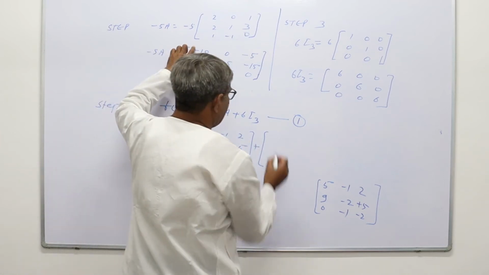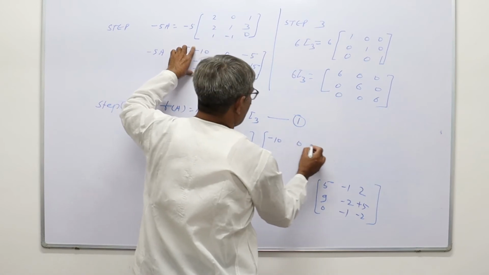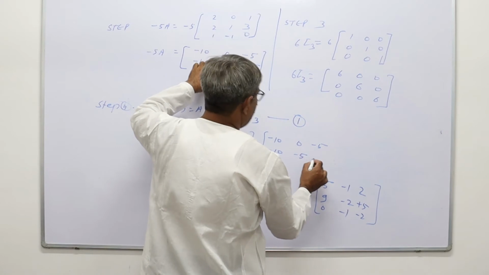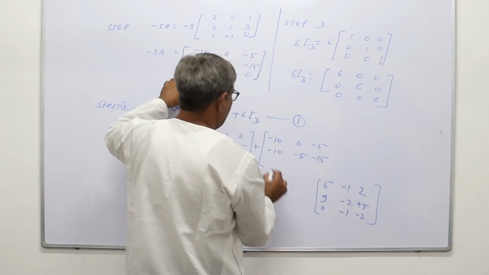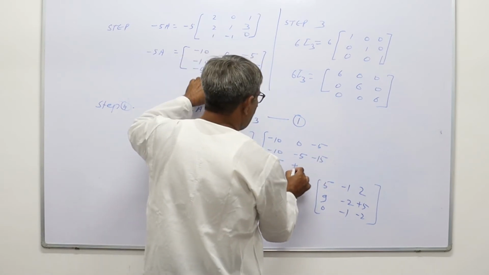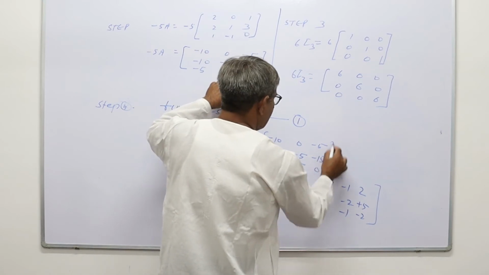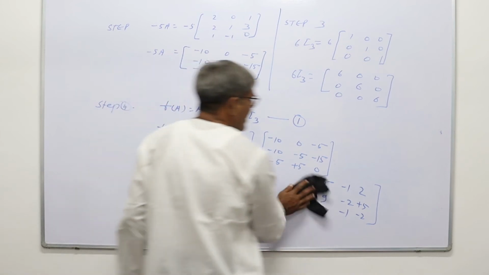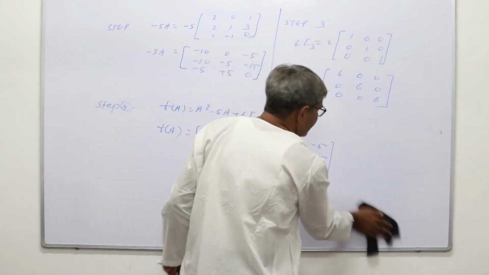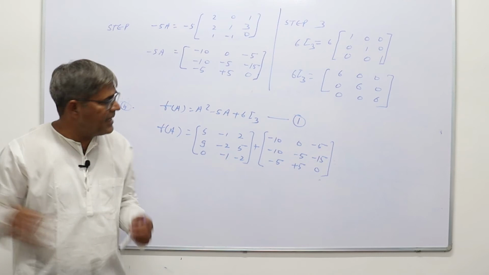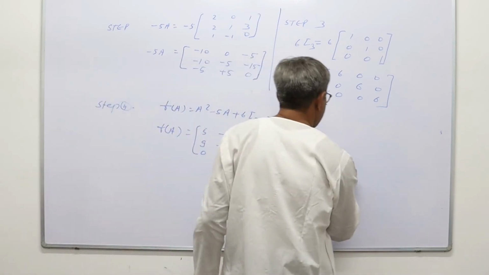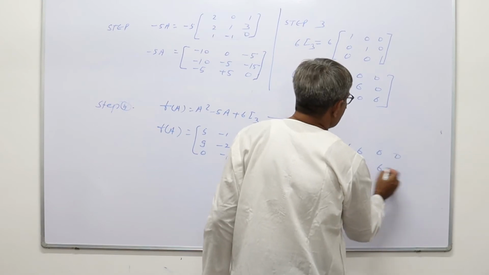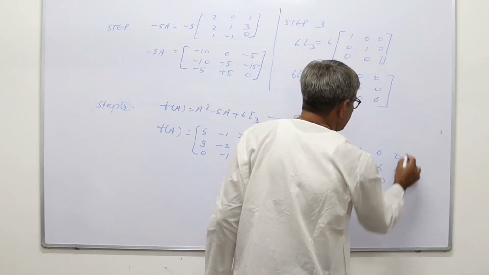So, minus 5A is minus 10 0 minus 5 minus 10 minus 5 minus 15, minus 5, plus 5 and 0. Then 6 I3. So, what is the 6I3? 6I3 is plus 6 0 0 0 6 0 0 0 6.